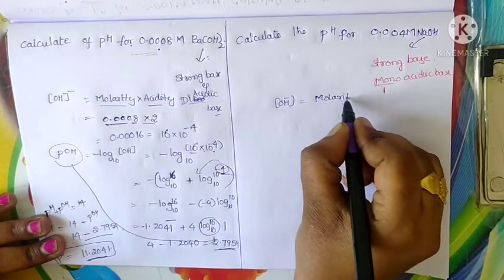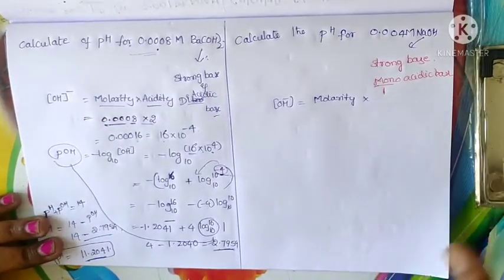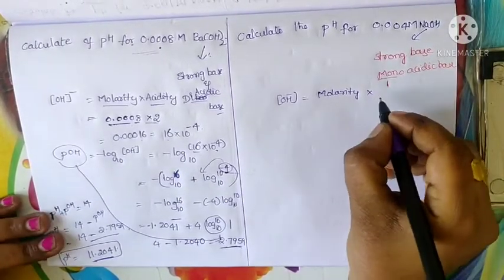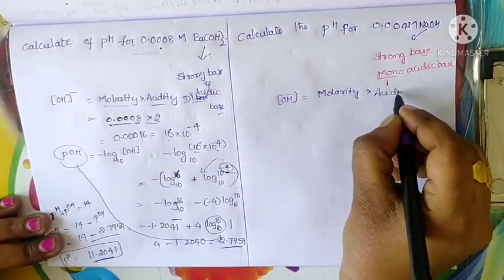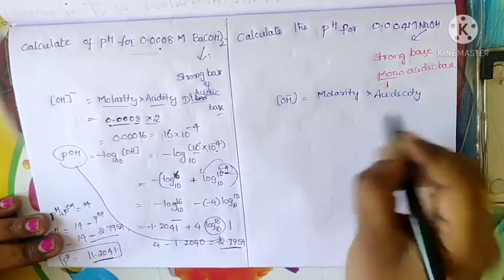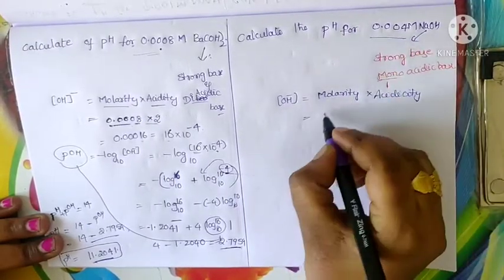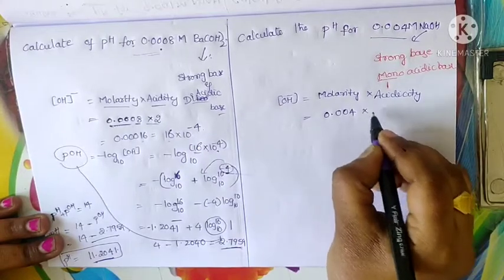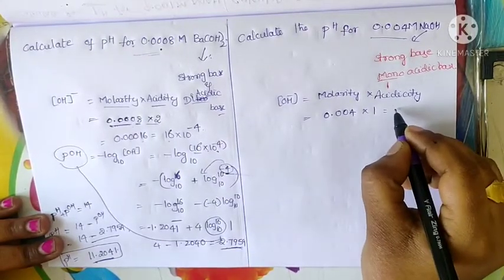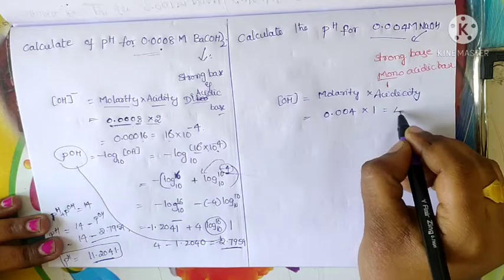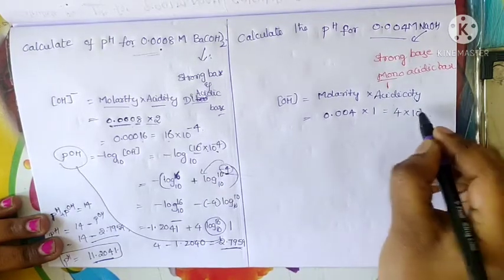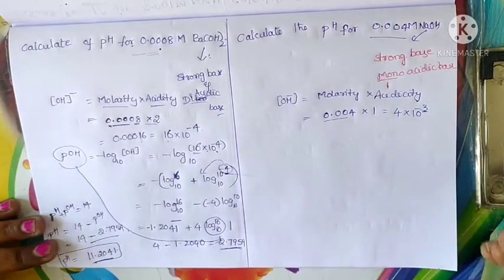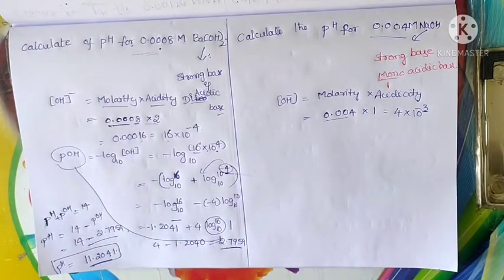Concentration of OH equals the product of molarity and acidity. The acidity of NaOH is 1 because it is a monoacidic base, and the molarity 0.004 is given. Okay students. So the value becomes 4 into 10 power minus 3, because 0.001 is 10 power minus 3.